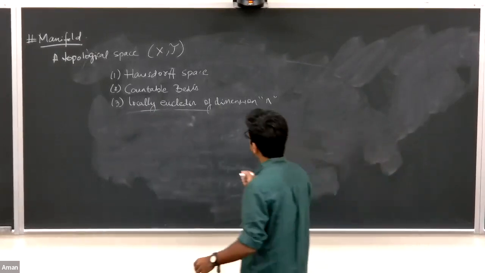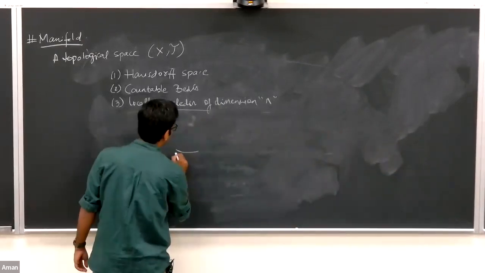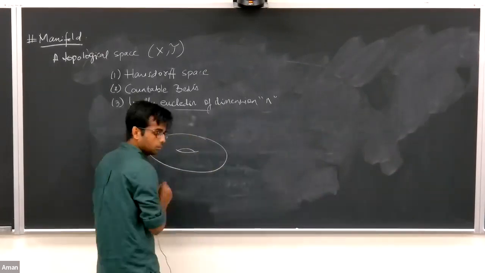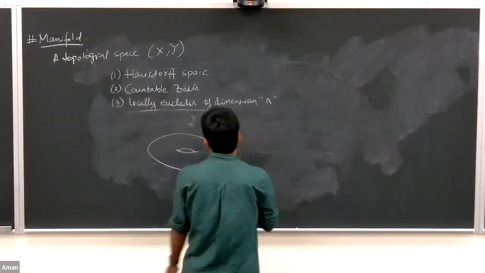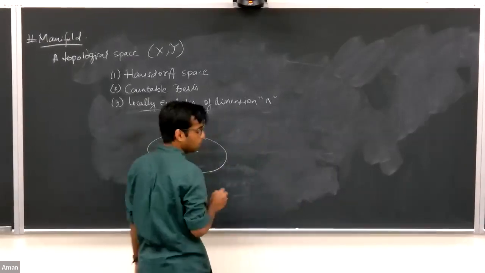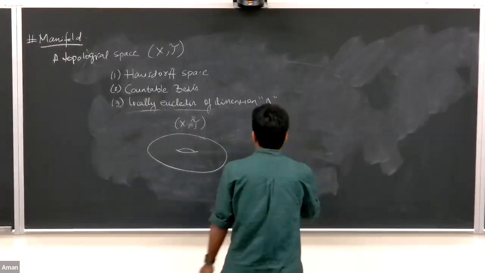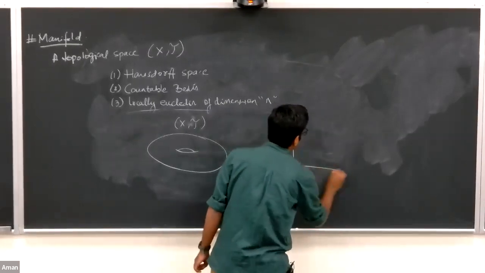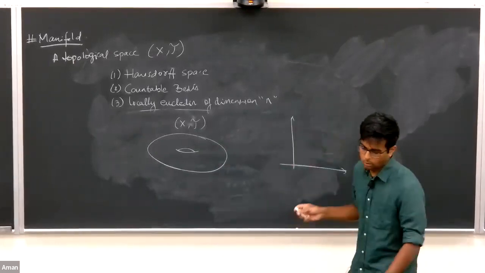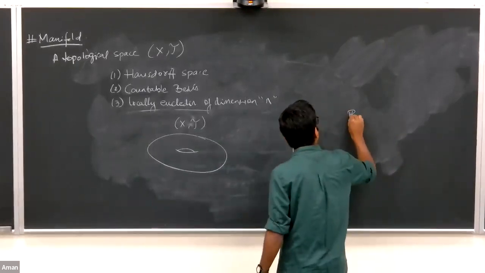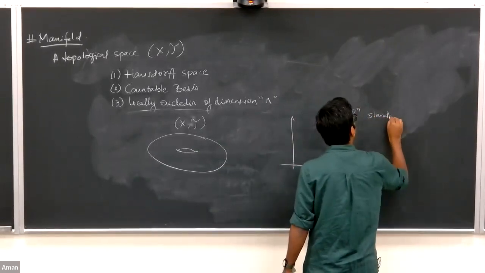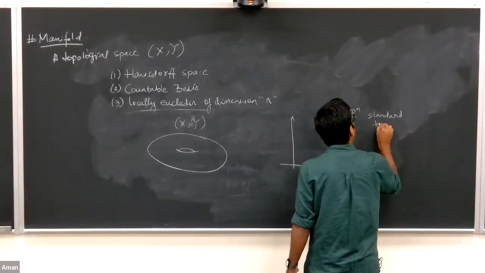Okay, so let's say we have a topological space like a torus, and this is defined as X, and then you have the real plane, the n-dimensional real plane with the standard topology.